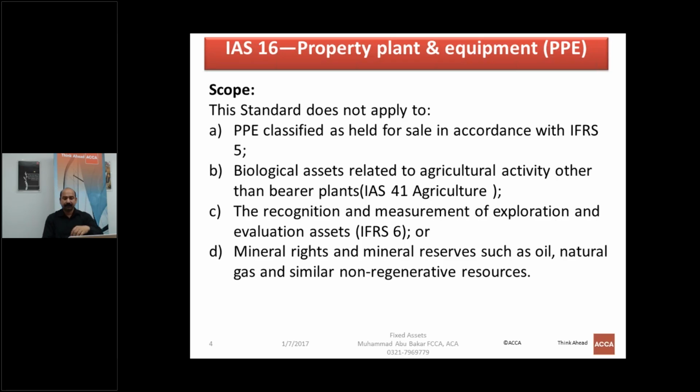So this standard will not cover these areas.